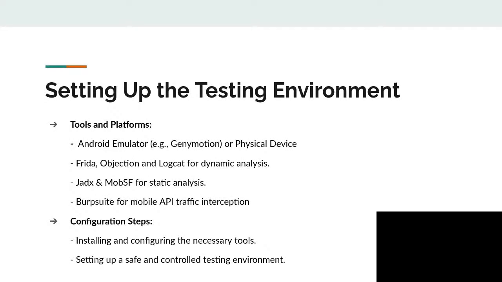Another problem with a physical device is that you need to root it. So you have to go through the process of bypassing some Android security controls to become a root user on that device, right? Another thing is that you will need a network that your computer and your phone will share.